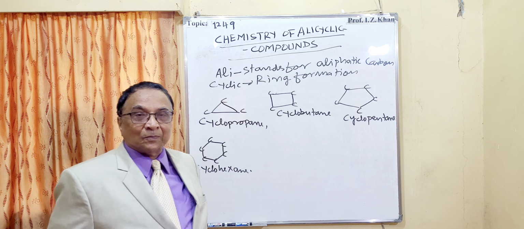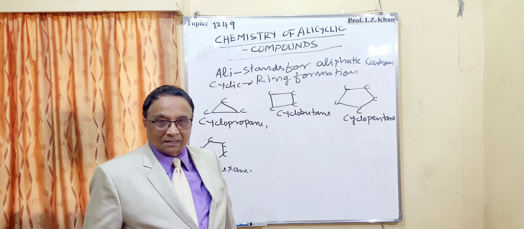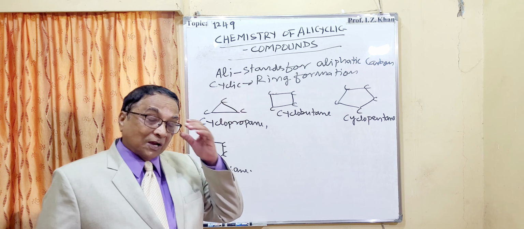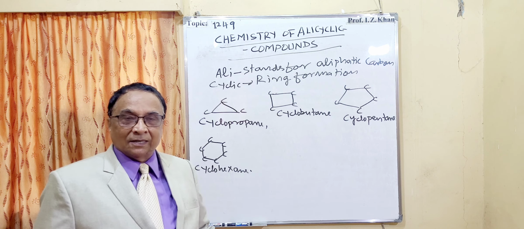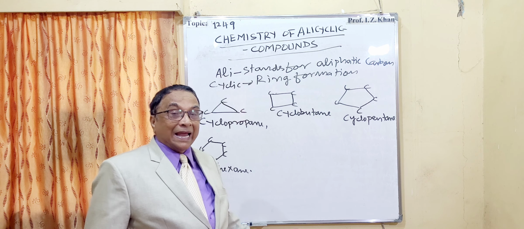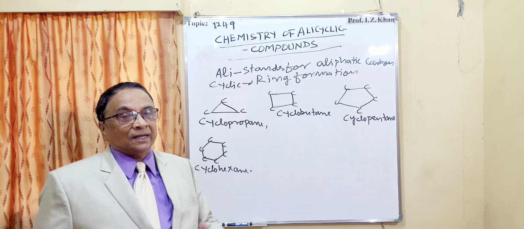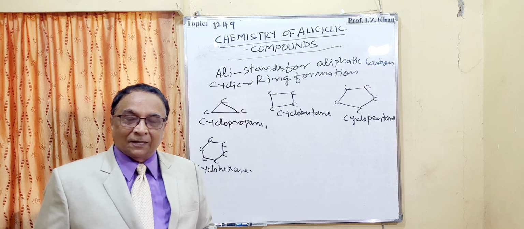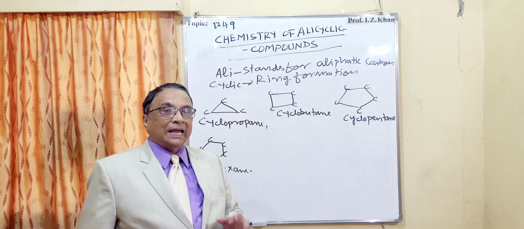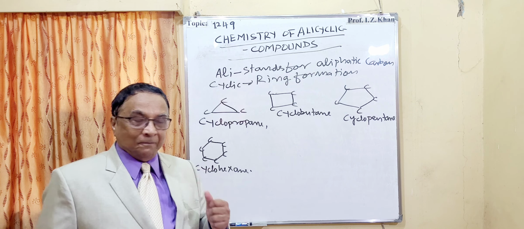Big size ring, when I am talking, it's about 6 carbon, like cyclohexane, then cycloheptane, cyclooctanes, cyclonone, cyclodecane, like that. So that chemistry will be different, and there some stereochemistry and some conformational analysis involved. That I will be taking care one by one.